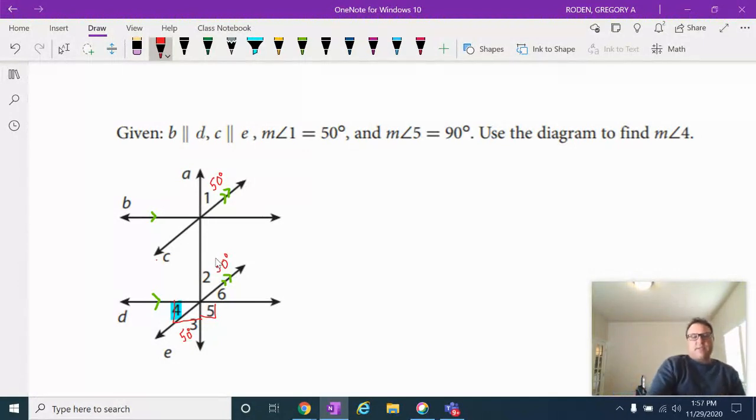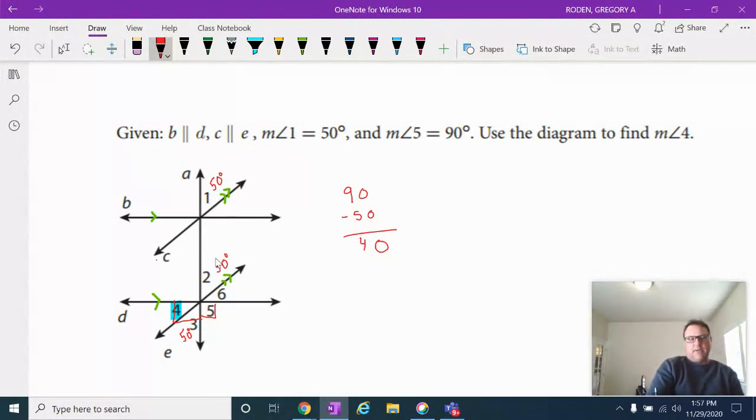So this basically boils down to taking 90 degrees minus 50. 90 minus 50 is 40 degrees, right?